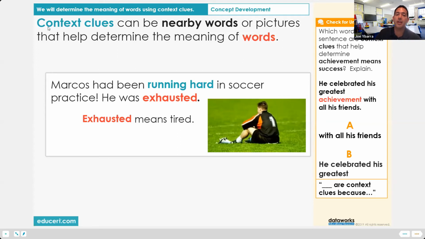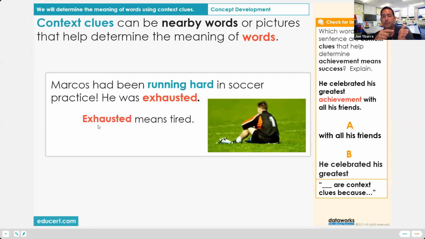All right, track with me, read with me. My turn, class. Context clues can be nearby words or pictures that help determine the meaning of words. Read with me. Context clues can be nearby words or pictures that help determine the meaning of words. That's my academic definition. Now I have to have them contextualized with an example. Here's a kinesthetic, a cognitive strategy, class.